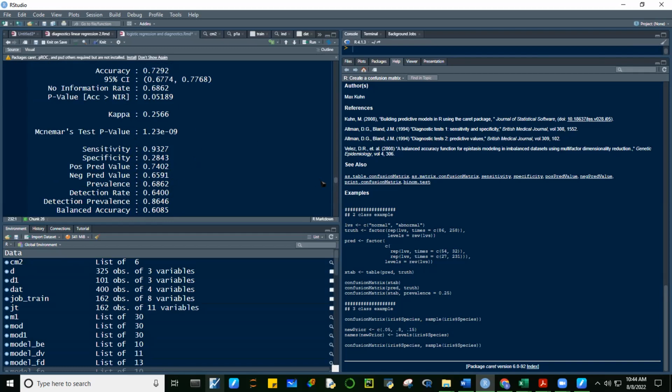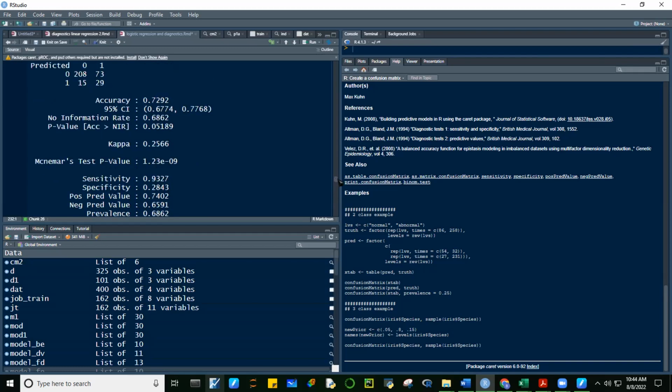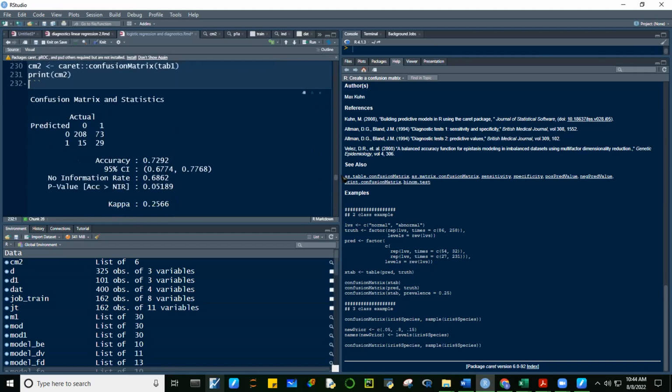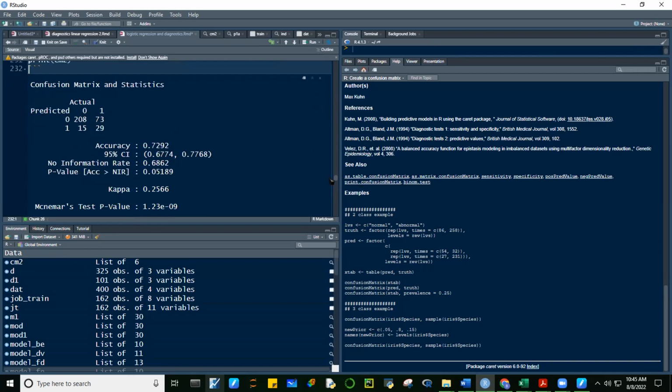Madali ninyo ito makuha guys sa internet: ano yung confusion matrix, ano yung measures doon, and how are these computed. Let me start with this one, no information rate. Ano ibig sabihin niya?